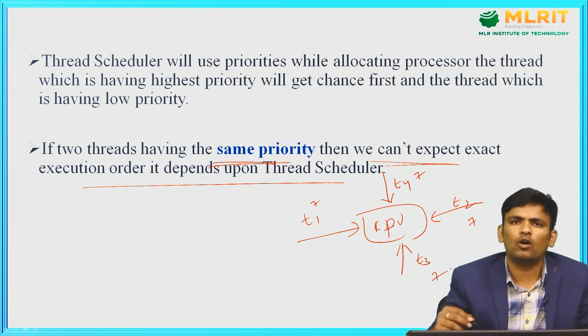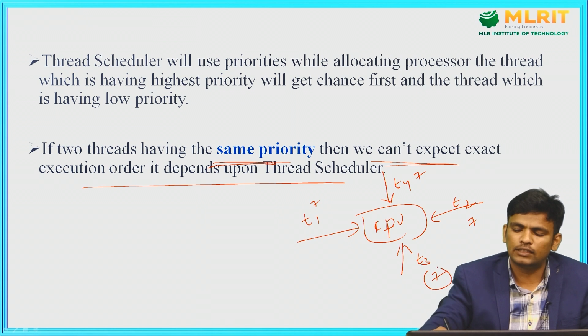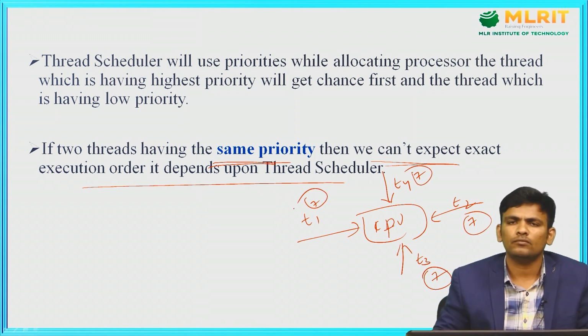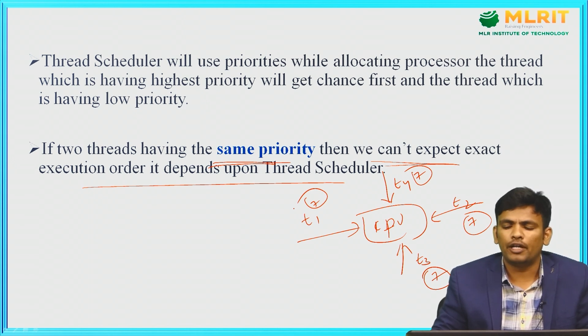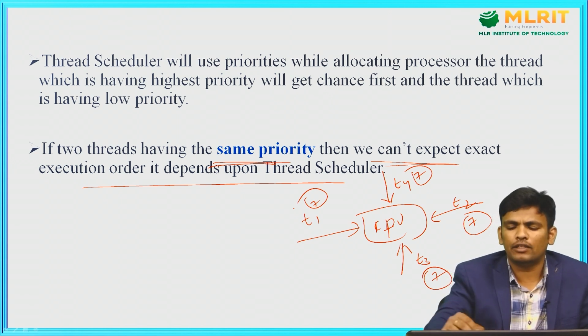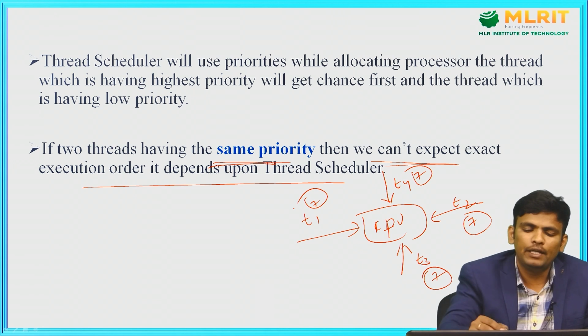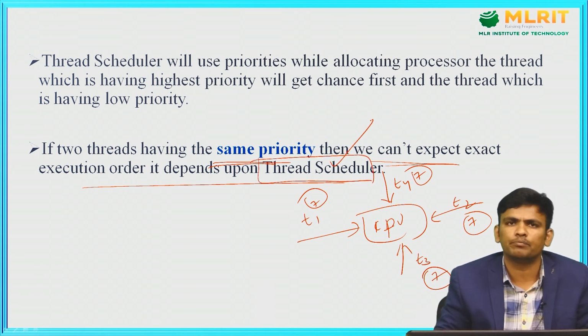If you observe all these threads, the common priority is 7, which means all threads have equal priority. Which thread will get a chance to execute first, we cannot predict. In such cases we cannot predict the exact output, and it will be decided by the thread scheduler based on the thread scheduling algorithm.